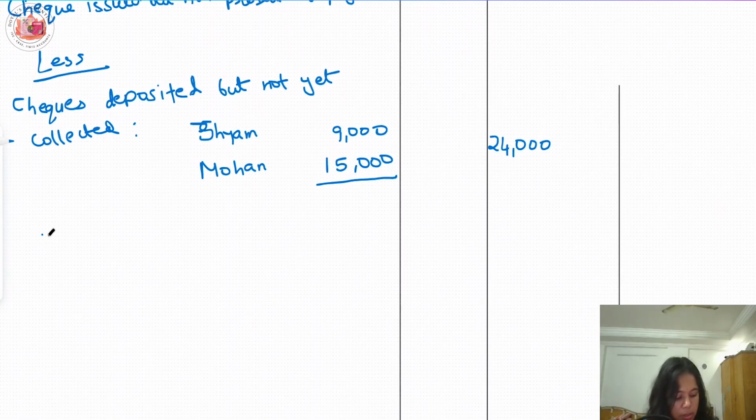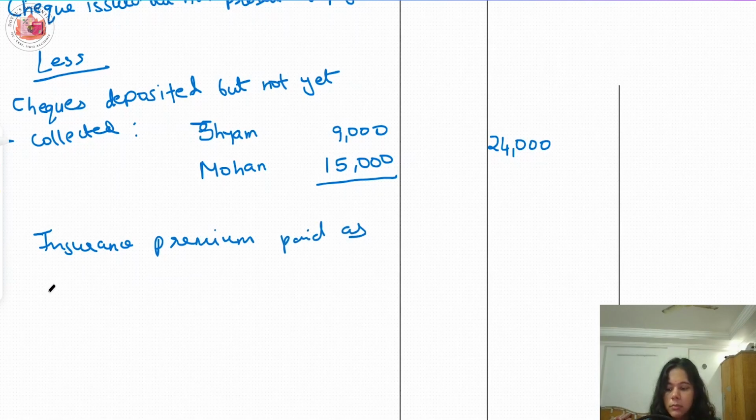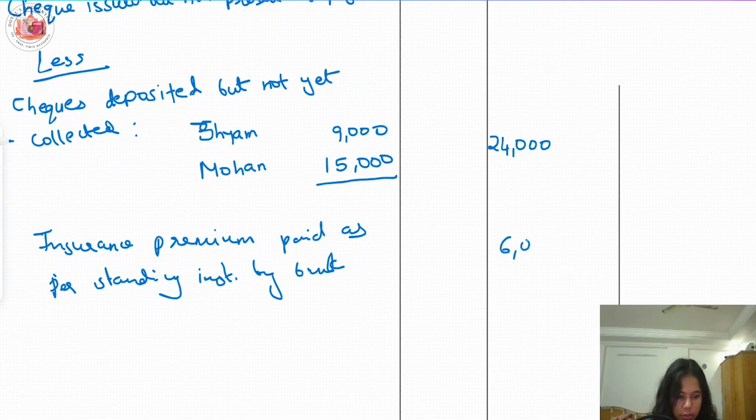Insurance premium paid as per standing instructions by bank. Rupees 6,000.